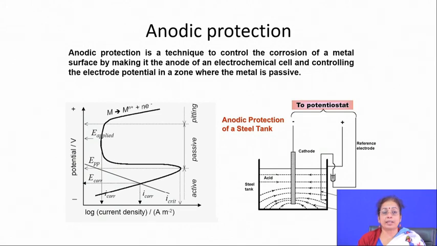So, when it is acting as anode, naturally you will see that the corrosion rate of your component increases to a large extent. When it increases to a large extent, naturally there is a formation of oxide scale on the surface. When there is formation of oxide scale on the surface, you will find that it is passivated, you say it is passivated, and that passive film actually helps in reducing the corrosion rate further.